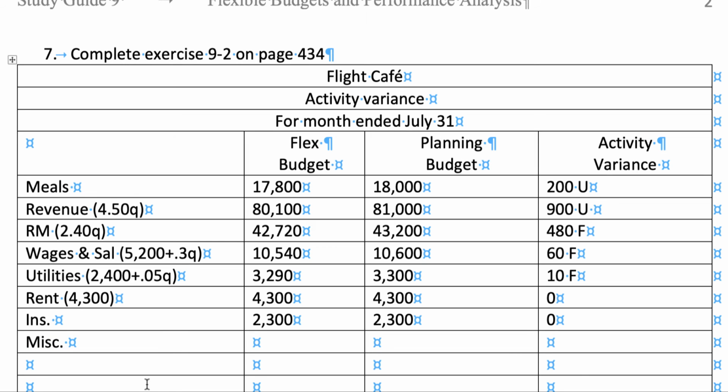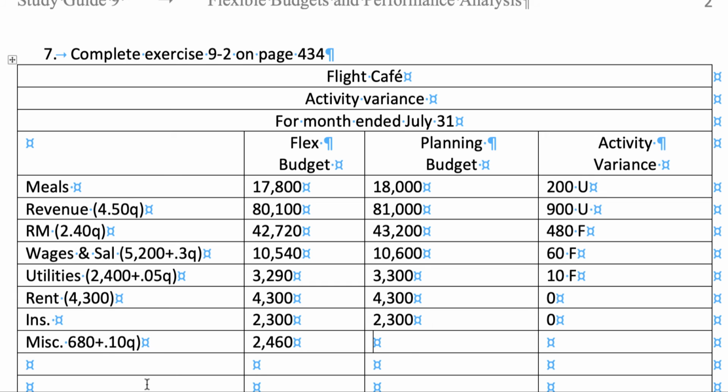And they tell us that the fixed expenses are $680, or the cost formula for miscellaneous expenses is $680 plus 10 cents per meal. Okay, so I plug that in and I end up with 2,460.